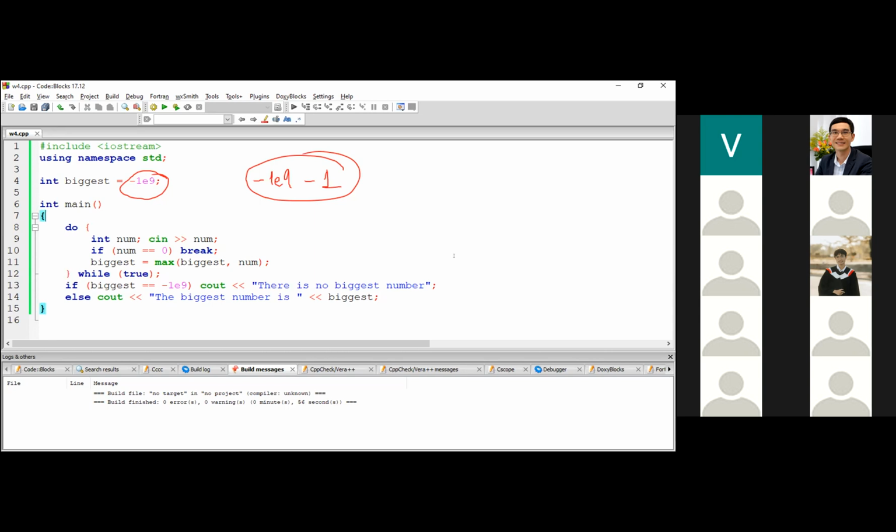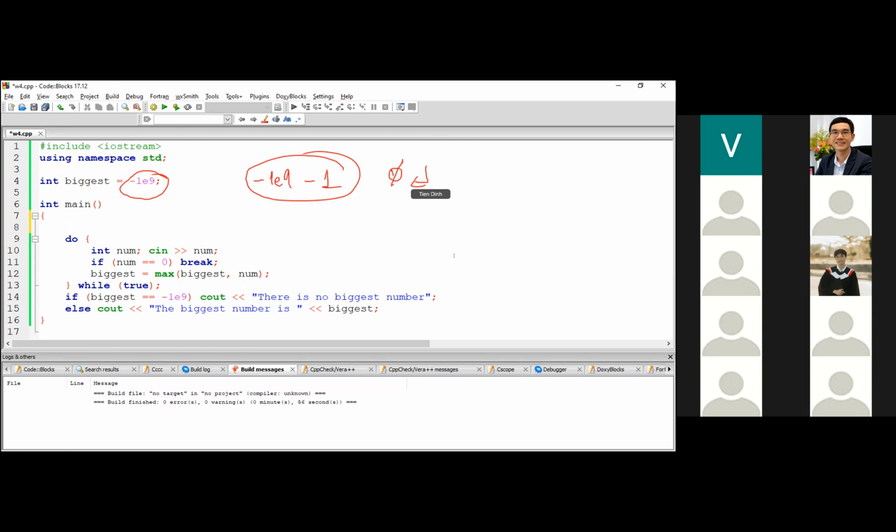So first of all, we have trouble if our input number is smaller than this one, because he assumed that all the numbers are within the range of minus 10 power 9 up to the maximum of the integer. So look here, that is the first comment.